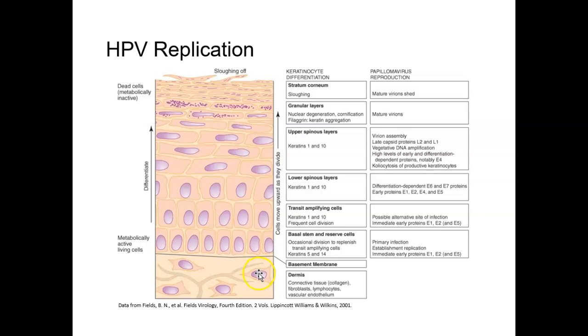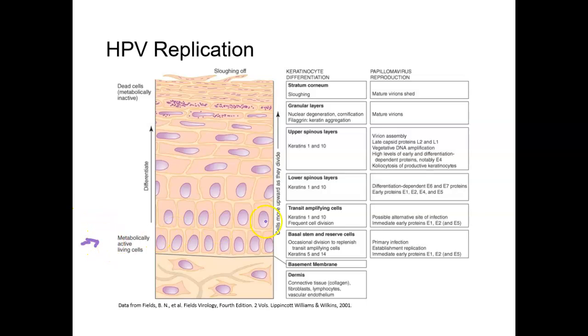Now, it's important to note that HPV cannot enter the dead skin cells, right? They're not metabolically active and they're getting sloughed off. HPV has to enter through a little cut, and the cut can be very, very small. It can be just a little microabrasion. And the virus has to get into these basal cells.